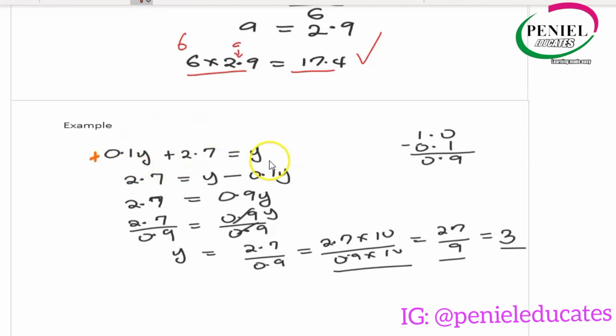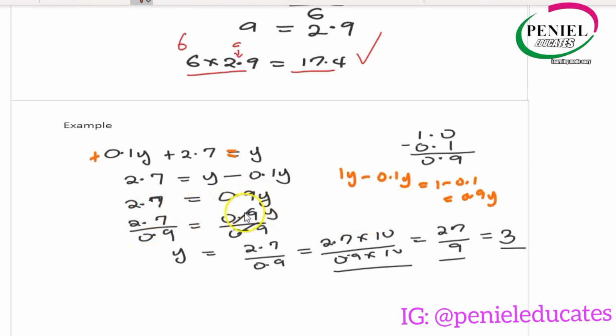So once it crosses the equality sign, it changes to minus. All right, so I have y minus 0.1y, and what I'm going to have is 0.9y. So it is as if I'm doing 1y minus 0.1y. Okay, so if you look at it, 1 minus 0.1 is actually 0.9. Then you put your y, because that's 0.9y.